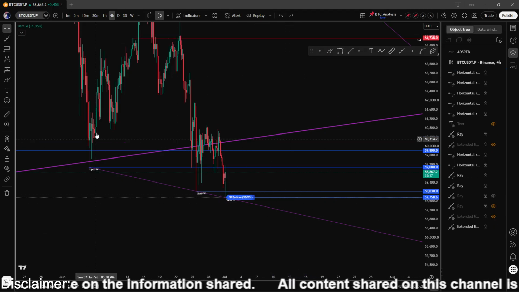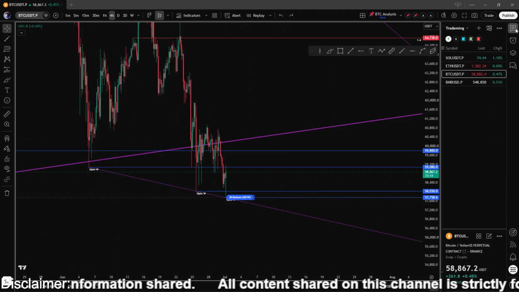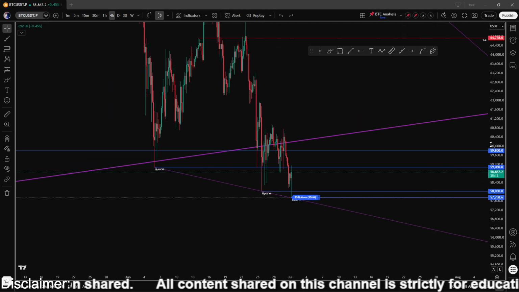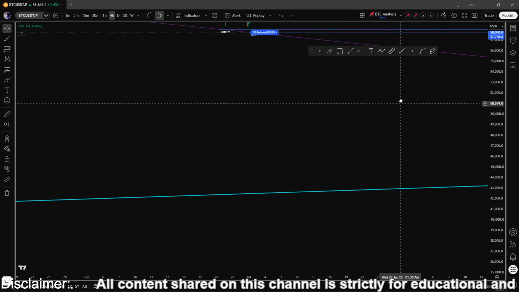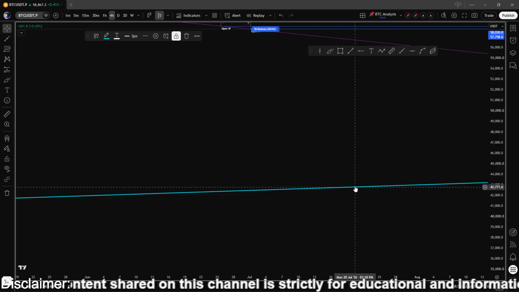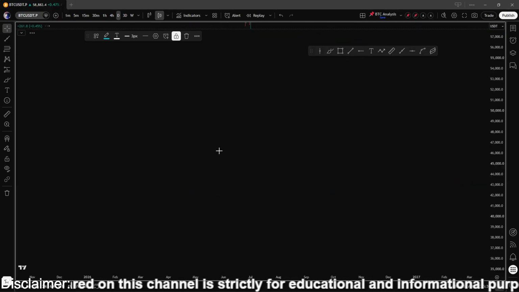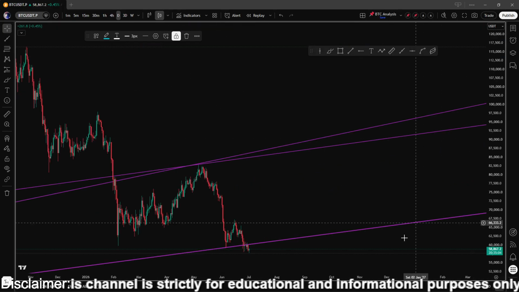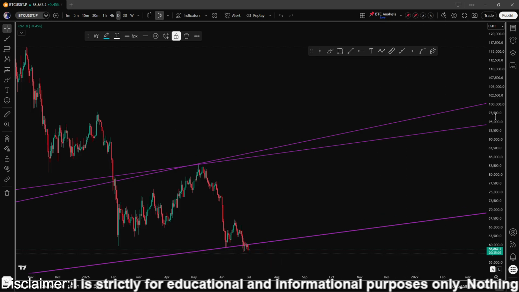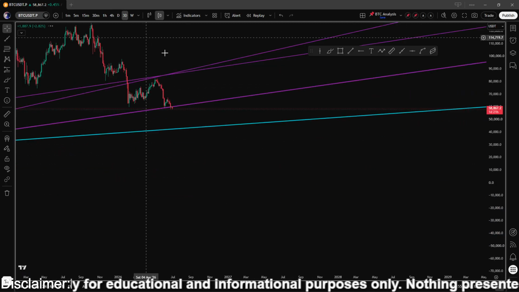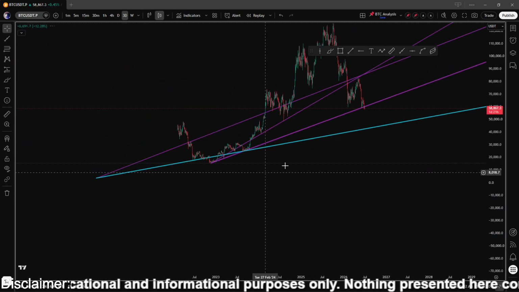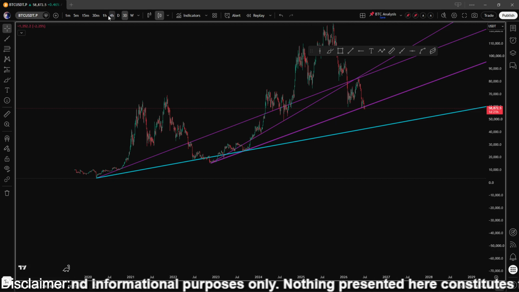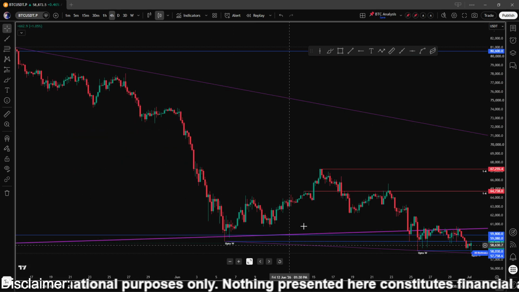So I have outlined all these levels in the 4 hour time frame, and I've also indicated this could be the new bottom, possibly a new bottom. And let me just take a look. Yep, that's the possible new bottom.